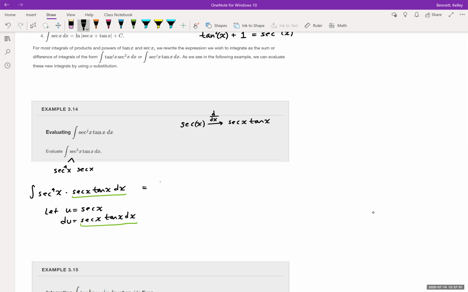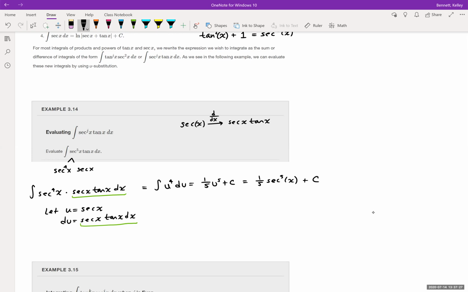So this will become just the integral of u to the 4th du, another really straightforward integration, 1/5 u to the 5th plus c. Back subbing, I get 1/5 secant to the 5th power of x plus c.